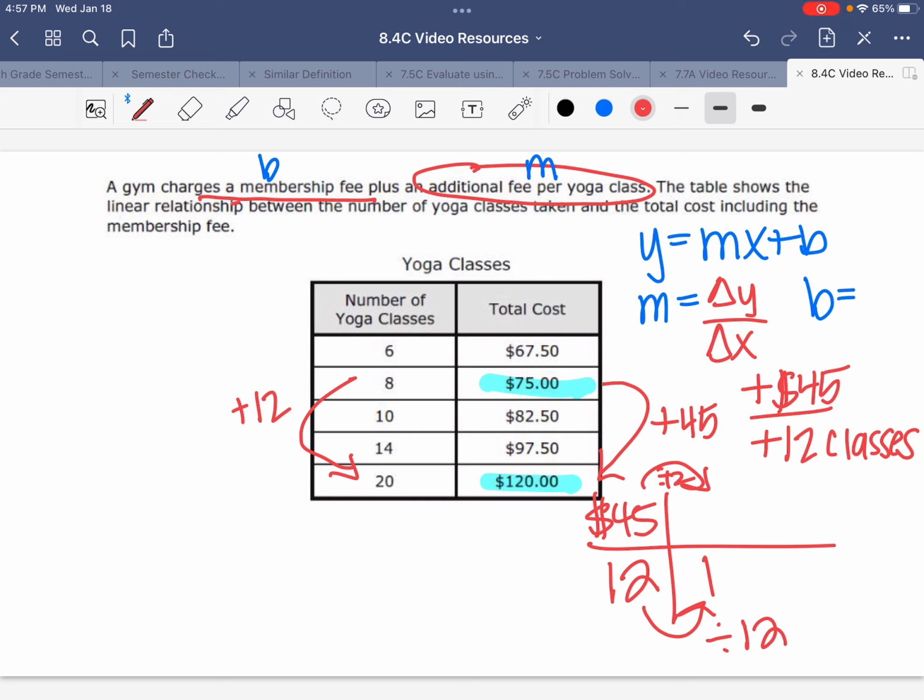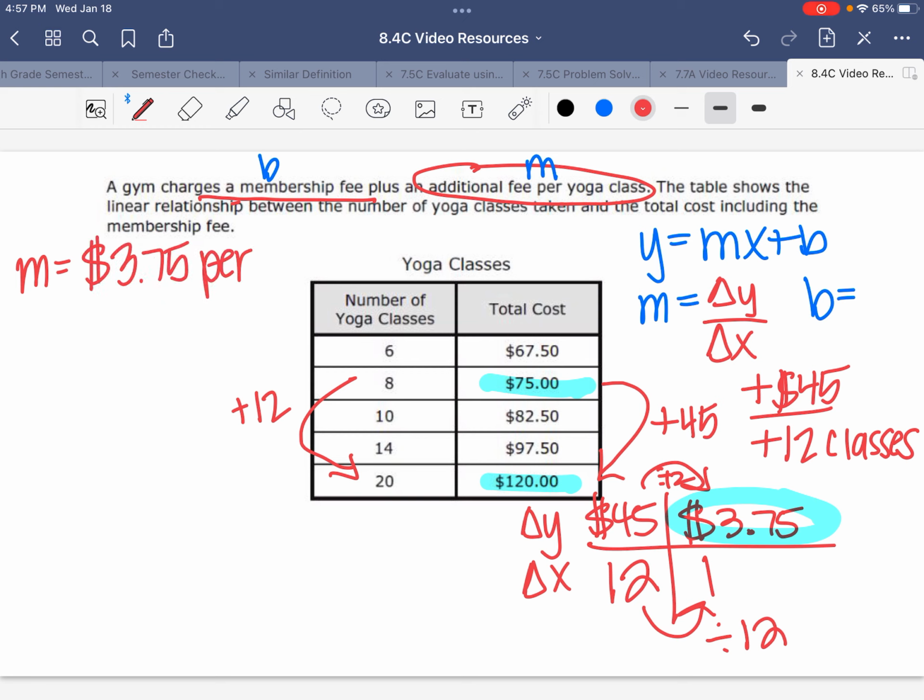So I take my calculator and I divide 45 by 12 to get 3.75. And what that means is as y increases by 3.75, x will increase by 1. So my cost per class is $3.75. So that's going to be my slope. So my slope is $3.75 per class.